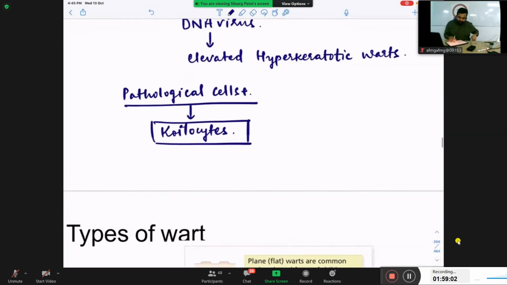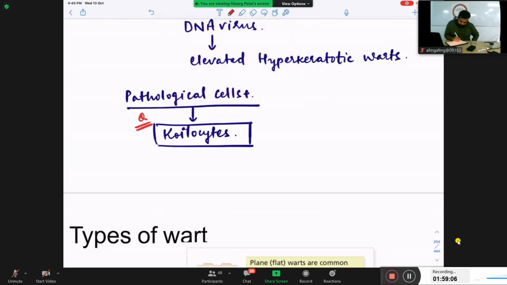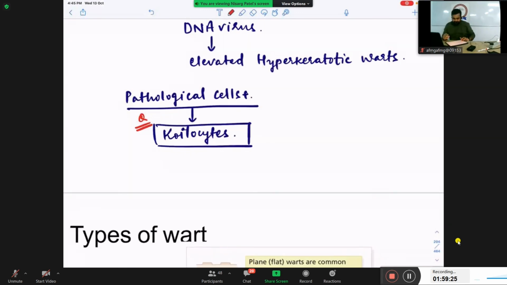So remember, if you see this word koilocyte, it is because of the human papilloma virus or the warts. So what is a wart? A wart is a hyperkeratotic skin lesion which is coming onto my skin.